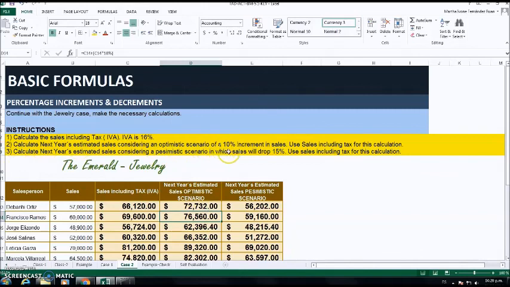And the pessimistic scenario is just subtracting the 15% that will drop in sales from the original sales. So the formula is just the sales minus the percentage of decrement, which is C13 sales times the corresponding 15% of decrement.